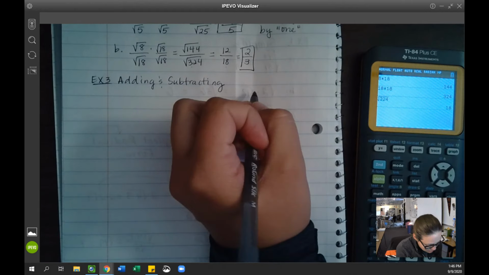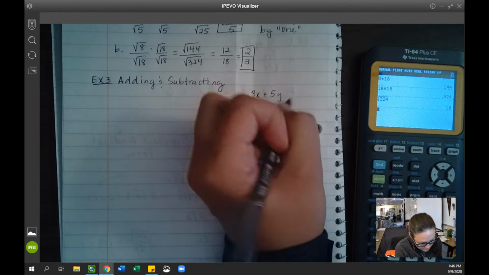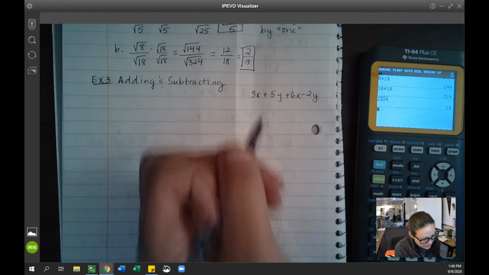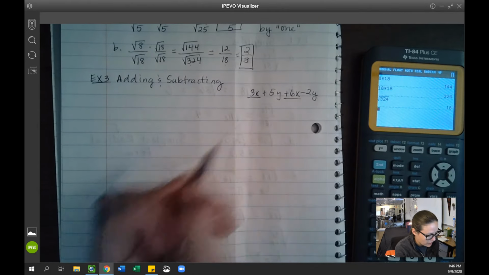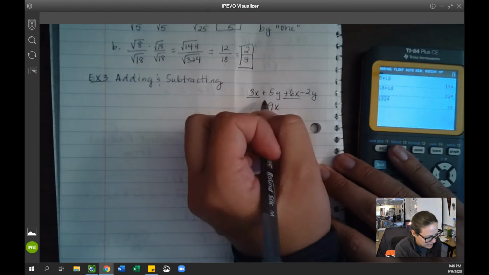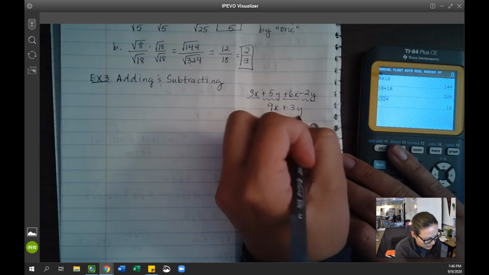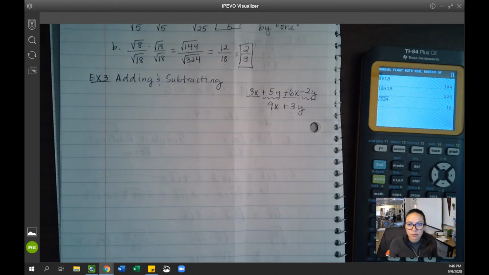So for example, if I had you do 3x plus 5y plus 6x minus 2y, and I asked you to combine like terms, hopefully you would be able to know that you can combine the x's together and that would give you 9x, and you would combine the y's together and that would give you 3y. And we can't add those together because they are not like terms.